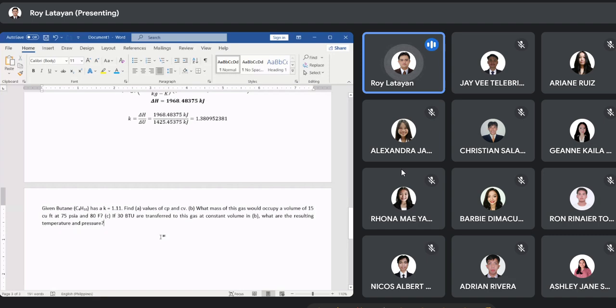So, in this unit naman tayo, given butane C4H10 has a K of 1.11, find the values of Cp and Cv. What mass of this gas would occupy a volume of 15 cubic feet at 75 psia and 80 Fahrenheit if 30 BTU are transferred to this gas at constant volume? In B, so yung mass sa B, what are the resulting temperature and pressure?